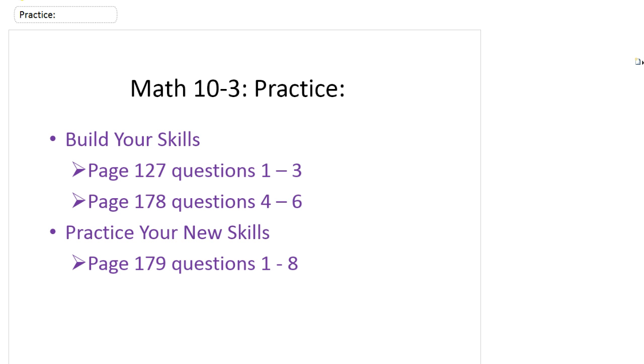There must be typos in there; let me check. Actually, it's page 177, questions 1 through 3, page 178, questions 4 through 6, and then page 179, questions 1 through 8.